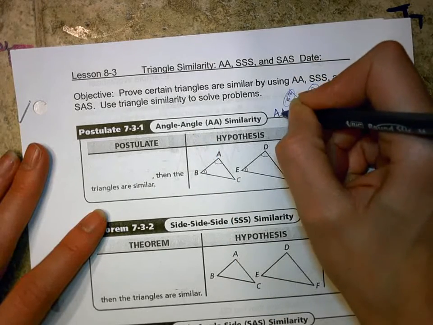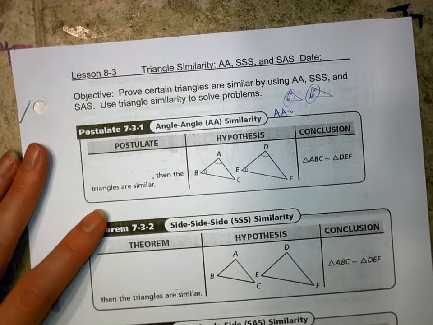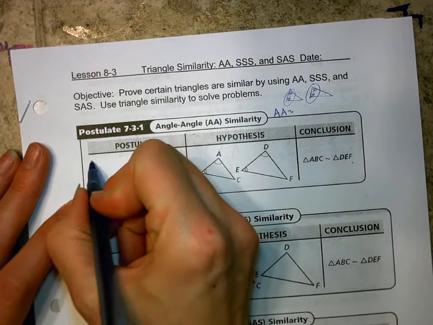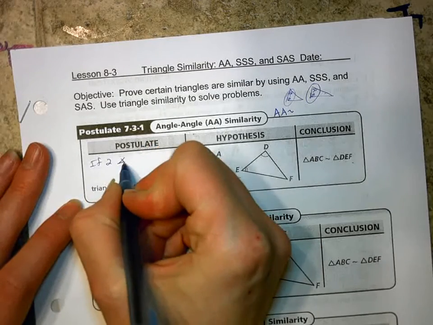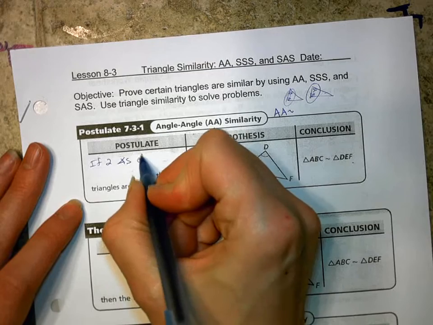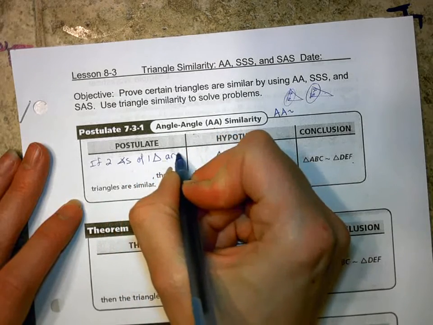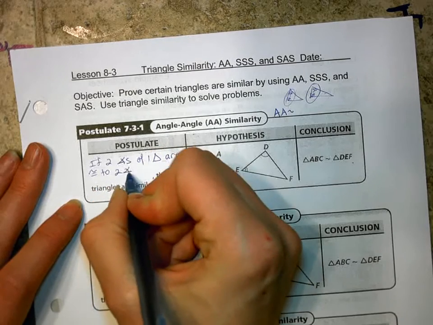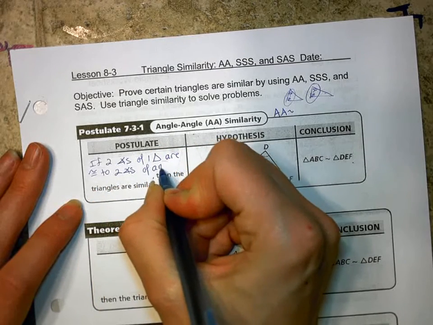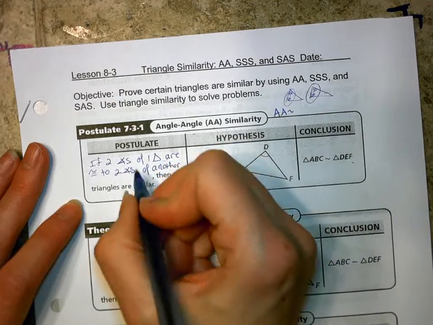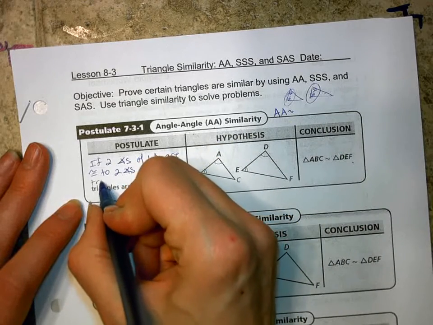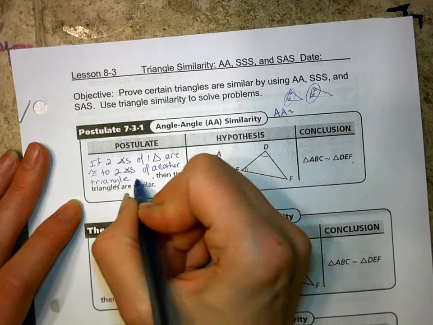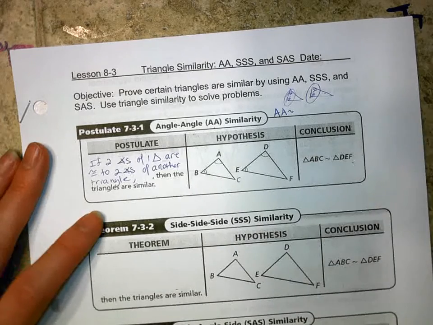The way we'll write that is AA similarity. So let's write this down. If 2 angles of one triangle are congruent to 2 angles of another triangle, then the triangles are similar.